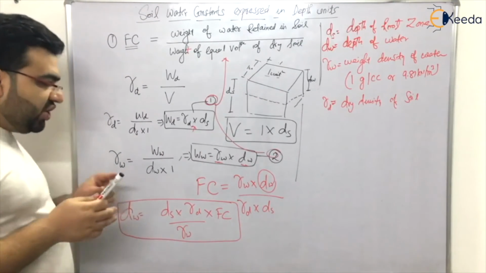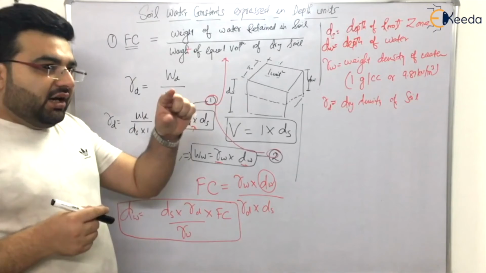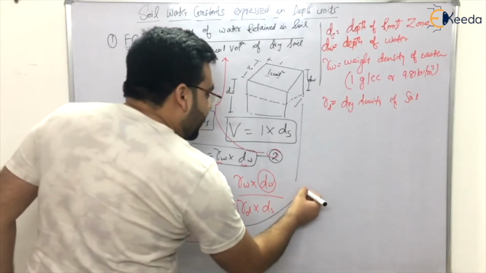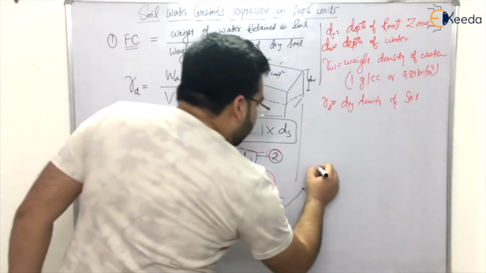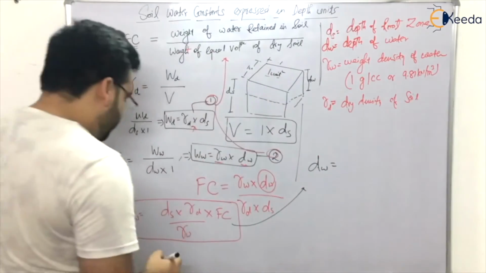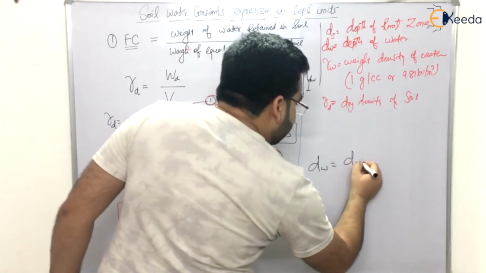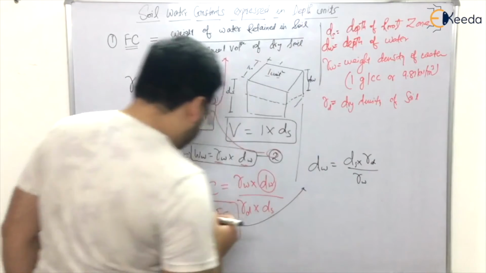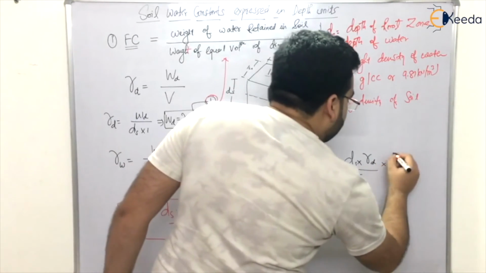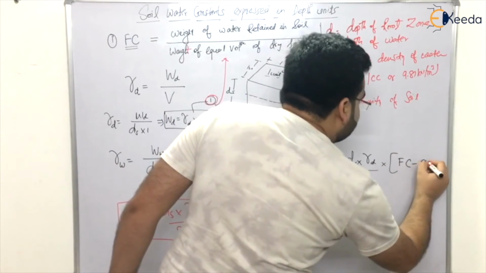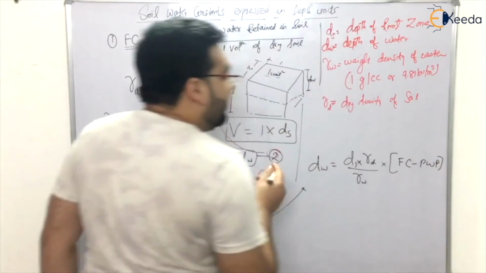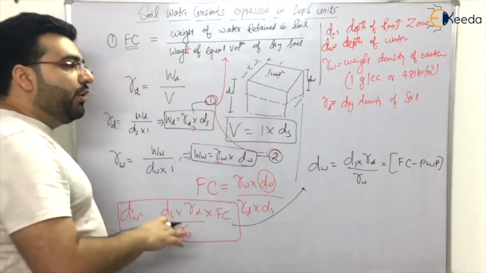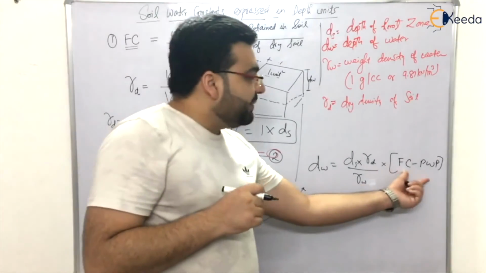So if the permanent wilting point is mentioned, this formula becomes dw equal to ds into gamma d divided by gamma w, into field capacity minus permanent wilting point. It means that we are taking the lower limit as the permanent wilting point, then this becomes the formula.